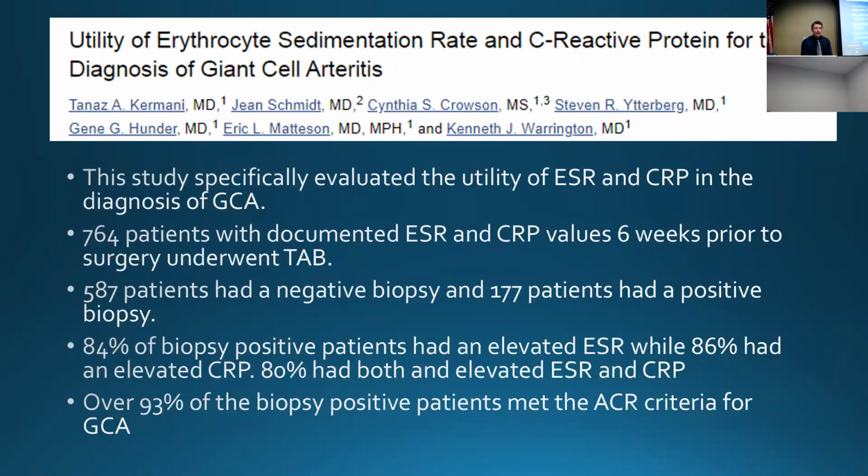Of the people who had positive biopsies, 84% had an elevated ESR, while 86% had an elevated CRP, and 80% of positive temporal artery biopsy patients had both elevated ESR and CRP. So those look like good values, but when you look at the ACR criteria, if you were going to diagnose just clinically alone, 93% of them would fulfill the criteria.